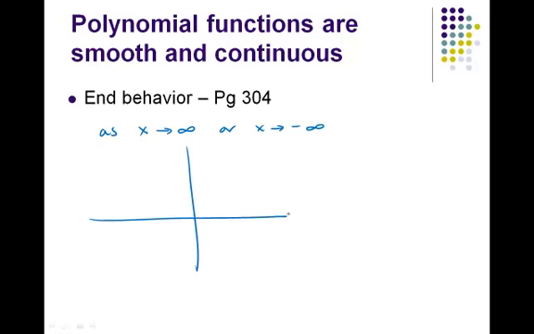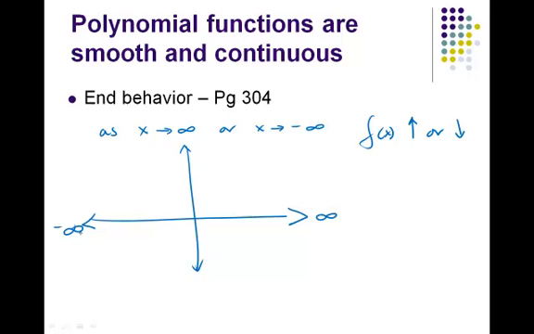In other words, on the graph, what happens way out here to the right and way out here to the left. And the end behavior refers to whether f of x goes up or down as x goes out to the right or to the left.